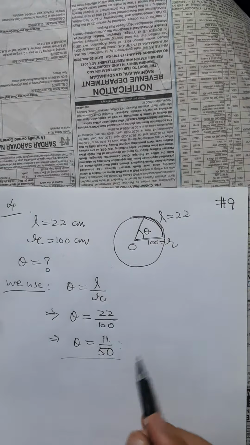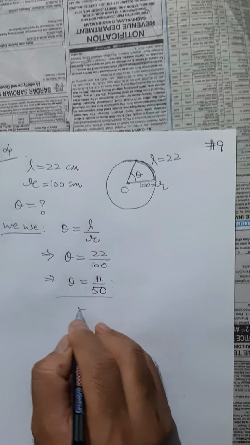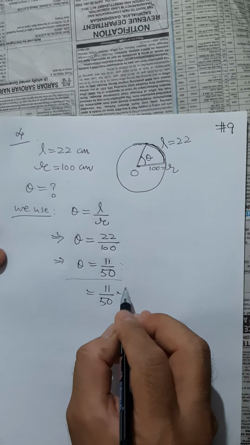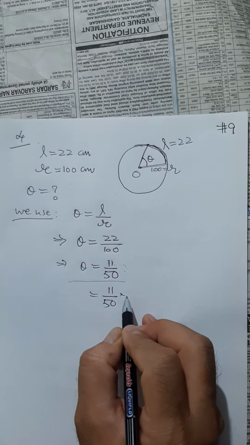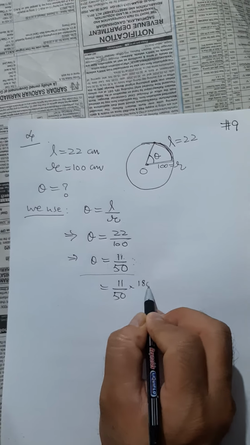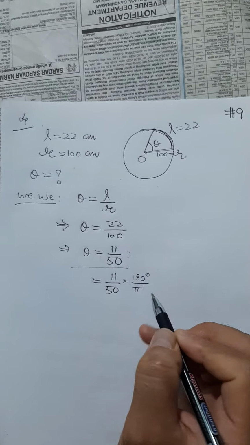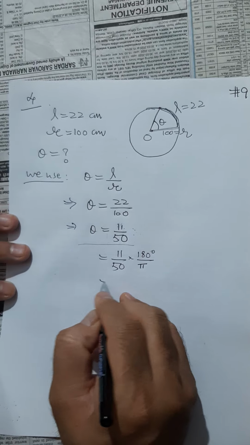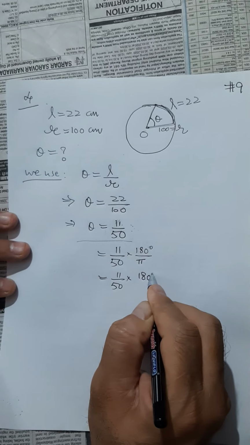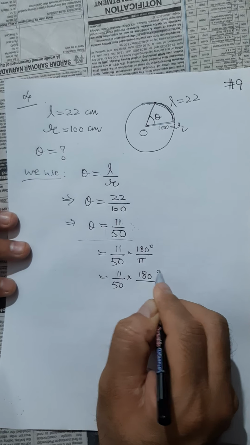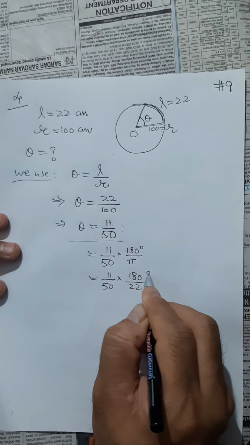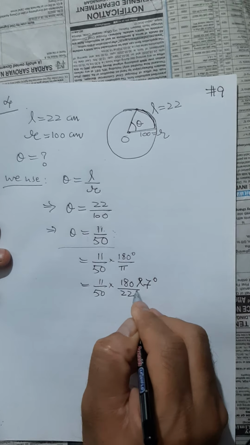If it is asked in radian, your question is over, but you want to convert into degrees. So 11 by 50 into 180 degrees by pi, then put the value of pi, 22 by 7. So I'll write into 7 here and degree.